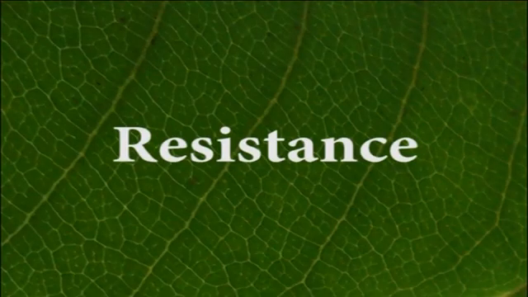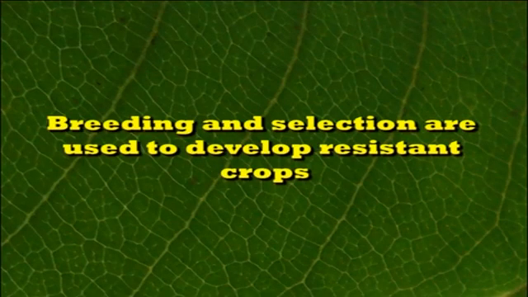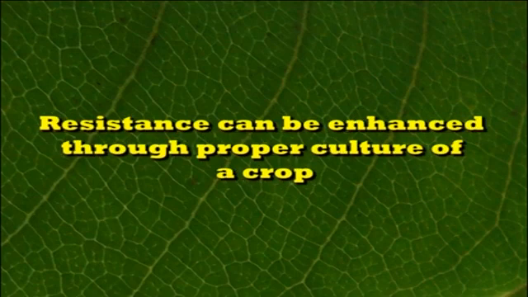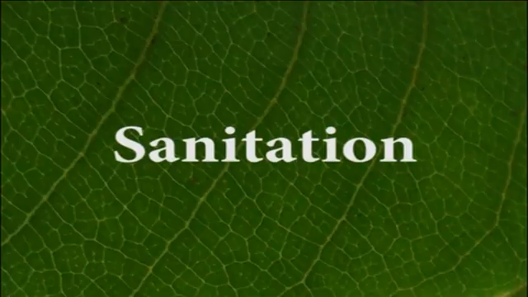Next is resistance. Breeding and selection are used to develop resistant crops. Resistance can be enhanced through proper culture of a crop. Tolerance is another form of resistance in which the plant becomes infected but goes on to mature and yield normally. Next is sanitation.